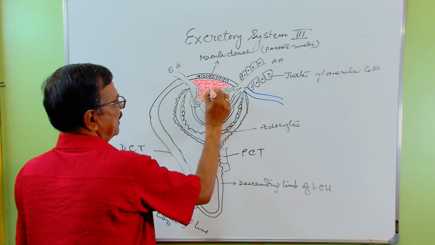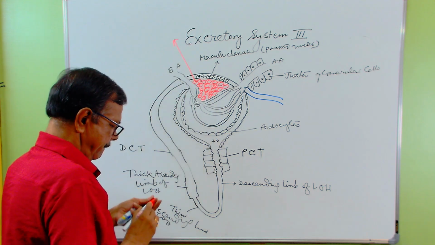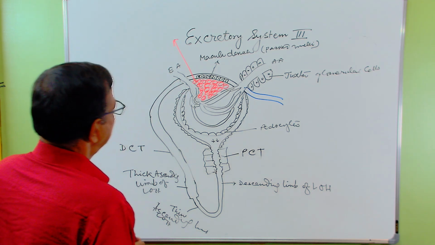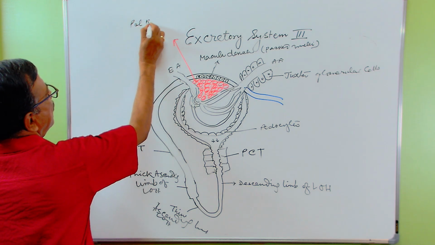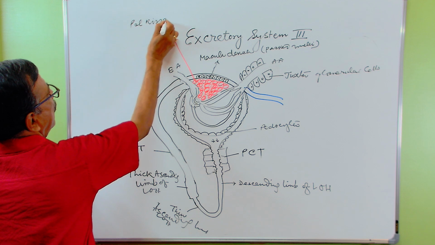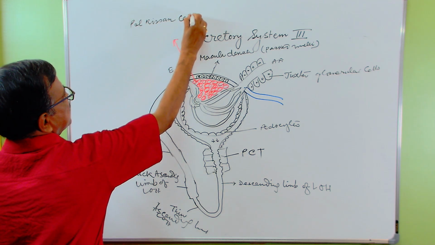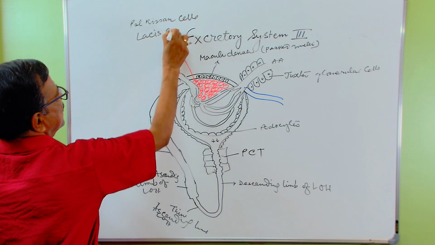These cells are called Polkissen cells, or polar cushion, Polkissen cells or lacis cells.